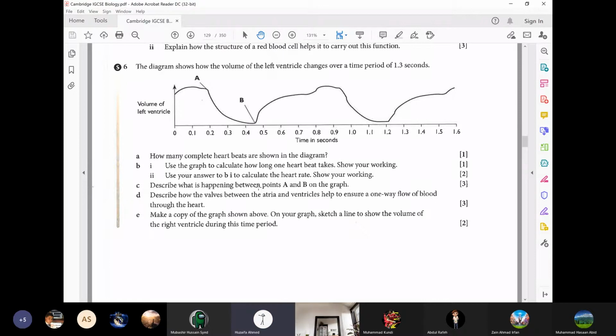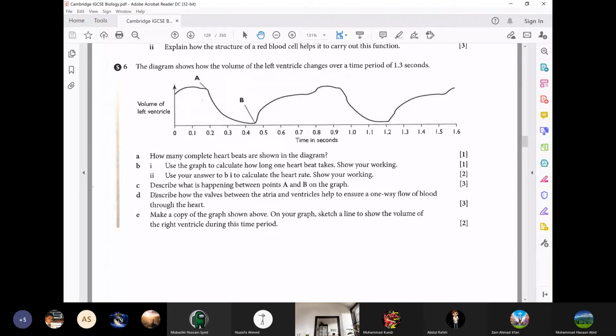Very good. And how much time for one heartbeat? 0.8. So you multiply 0.8 with 60 and that will be your answer. All right. Yes, sir.